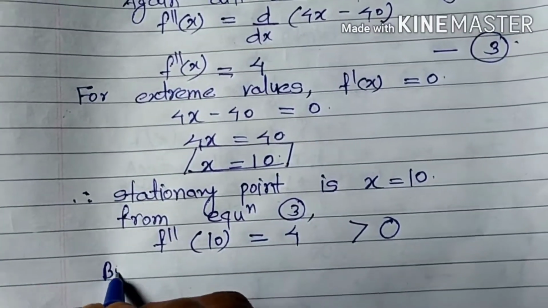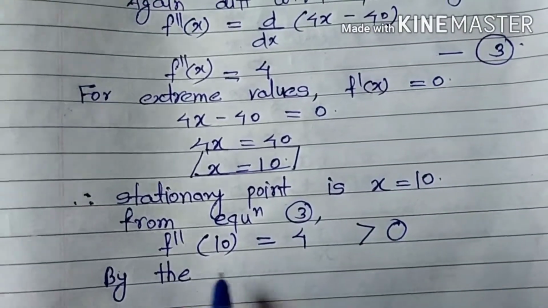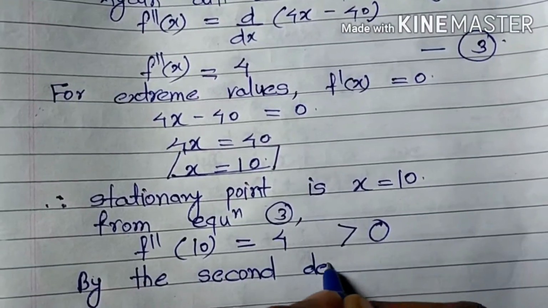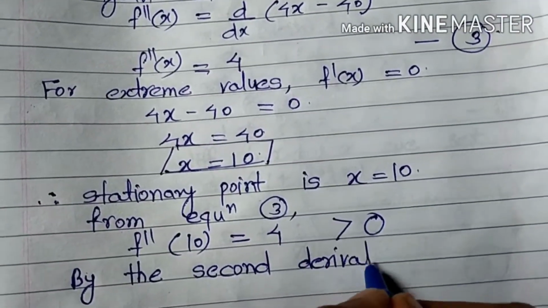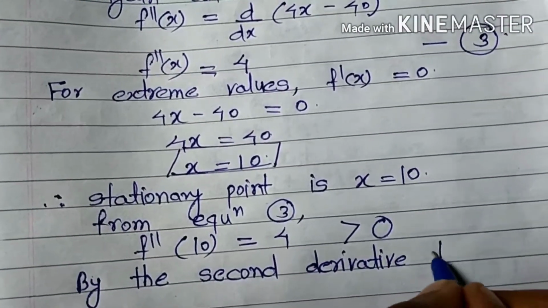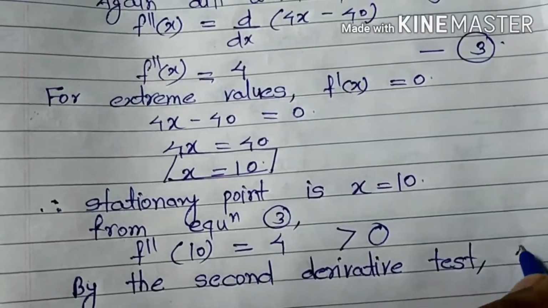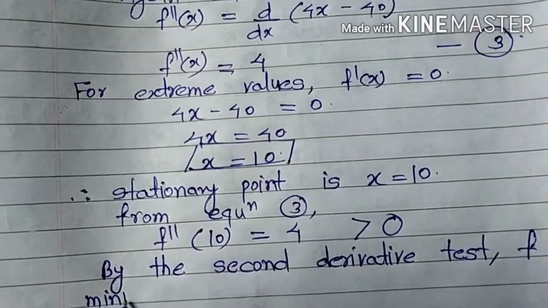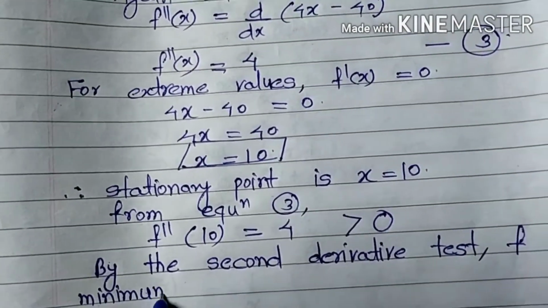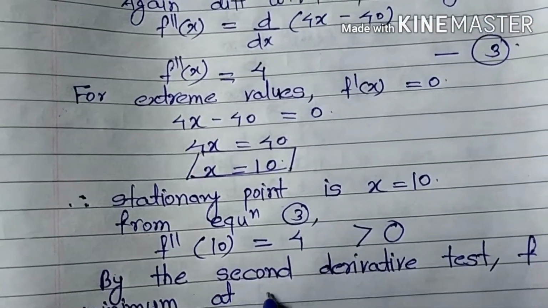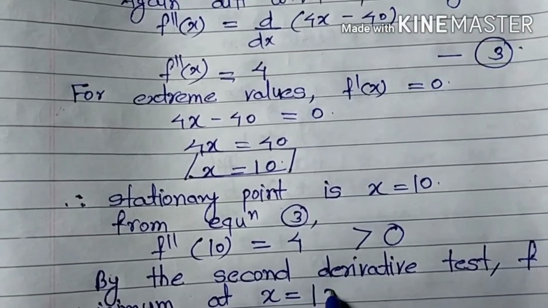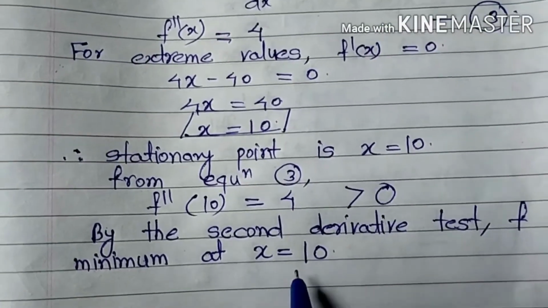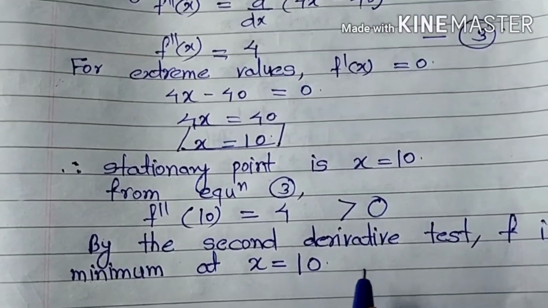By the second derivative test, f is minimum at x equal to 10. So we get value of x equal to 10, which is the first part of 20.